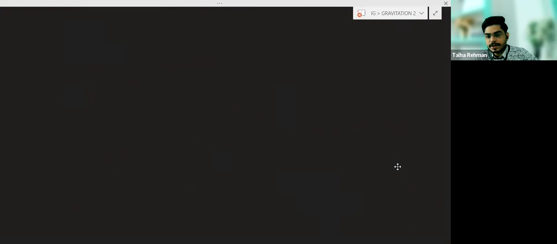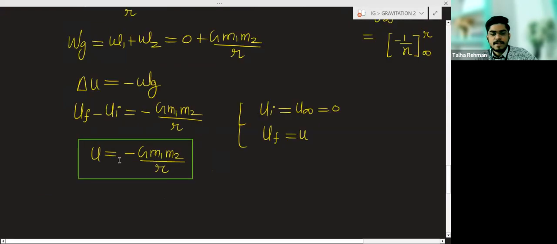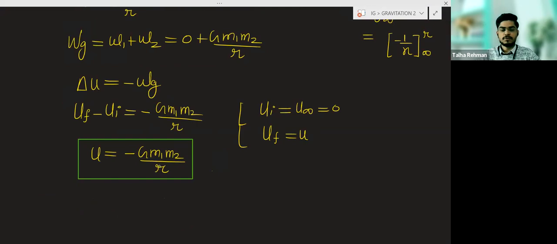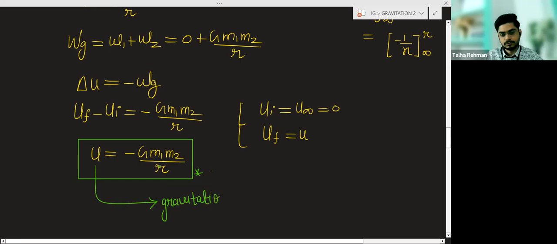U is equal to minus G m1 m2 divided by r.